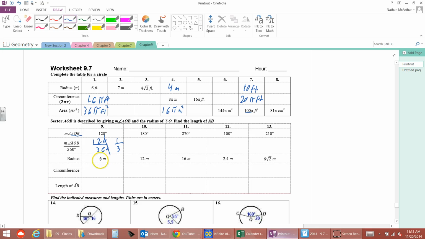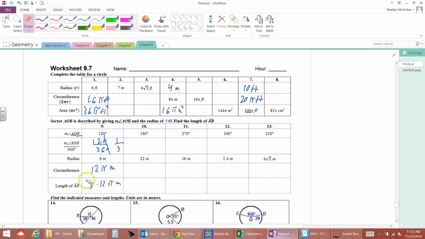Now, if I'm looking for the circumference, I can plug in r into my circumference and get 12 pi meters. And now I take these two numbers and multiply them together, and I get 1/3 times 12 pi meters. And this 1/3 times 12, that should reduce. What's 1/3 of 12?